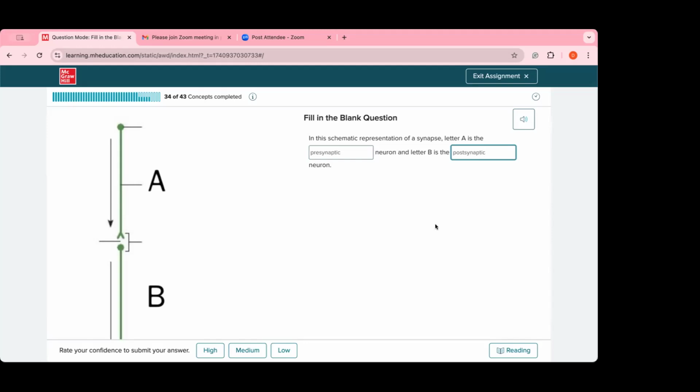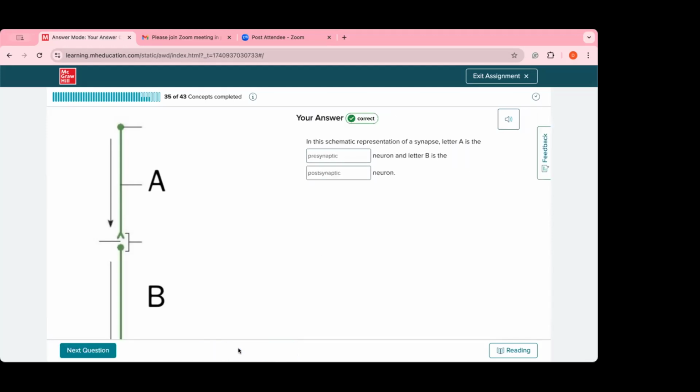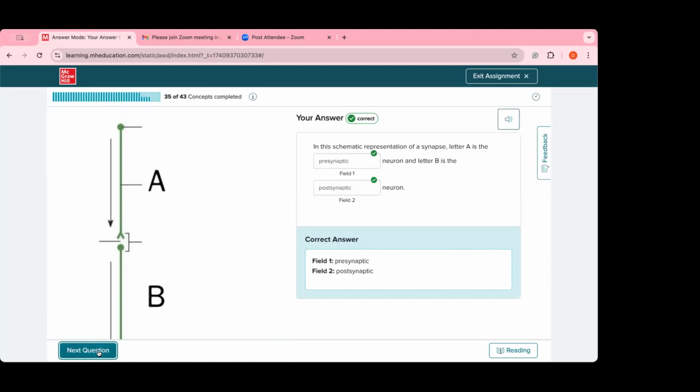We know that because of the way the arrow is pointing. The impulse is traveling downward, so it's leaving A, which means A is sending it and B is receiving it. If it were going the other way, they would be reversed.